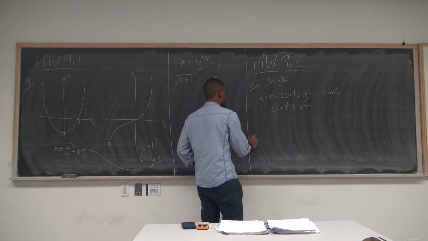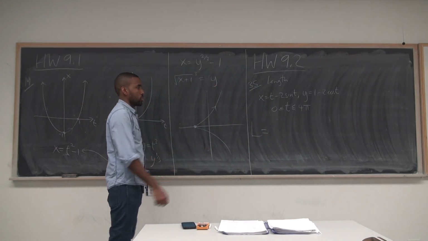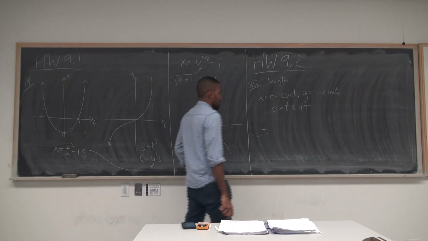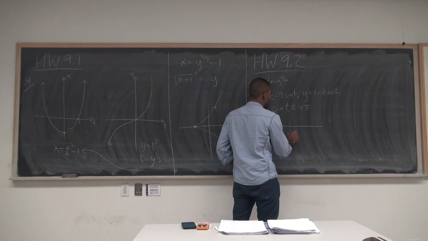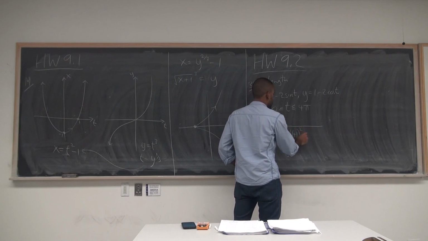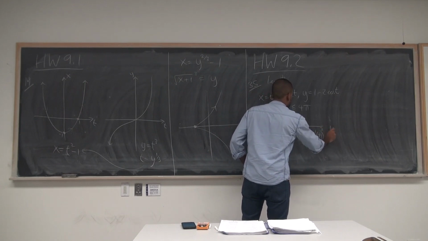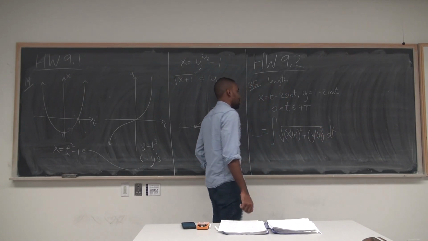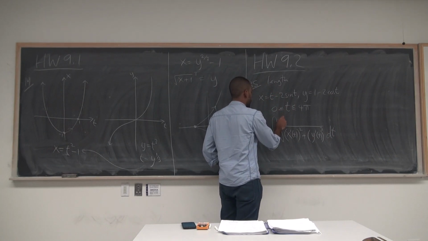Okay, how do we find arc length? This is something you should know. A problem like this could show up. The square root of x prime of t squared plus y prime of t squared, and then you integrate between the given limits, 0 to 4 pi.